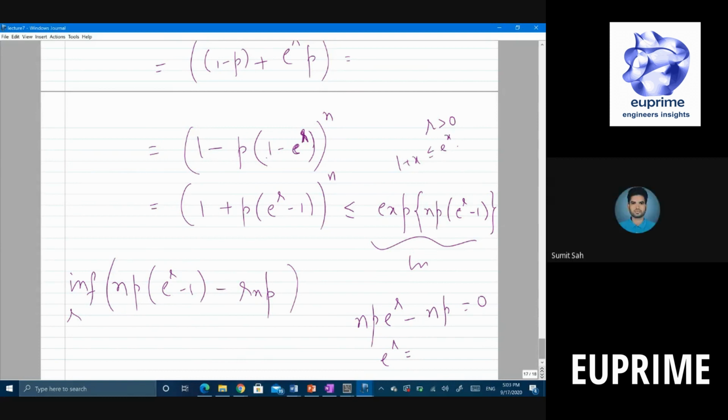IID is not possible, right? X1, X2 are Bernoulli. X1 squared and X2 plus 1 are independent but not identically distributed. You should keep that difference.